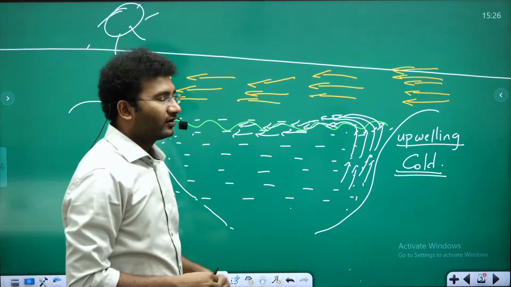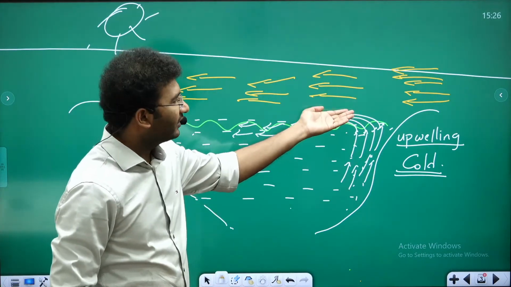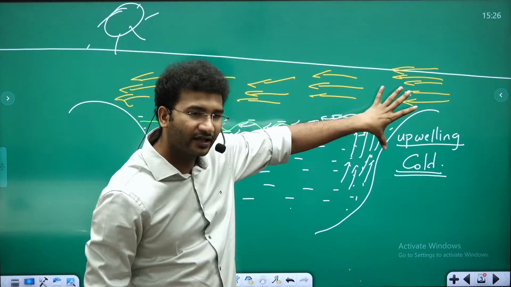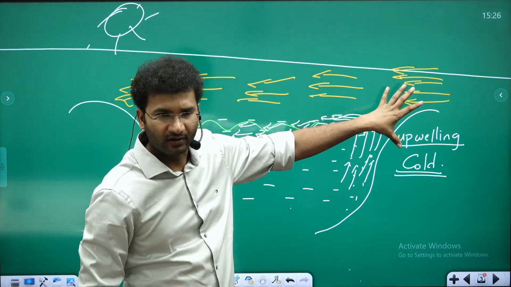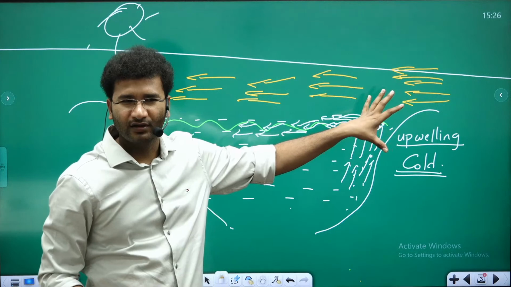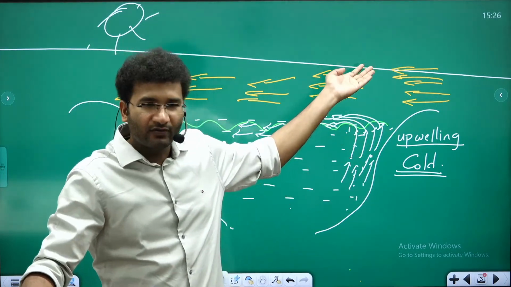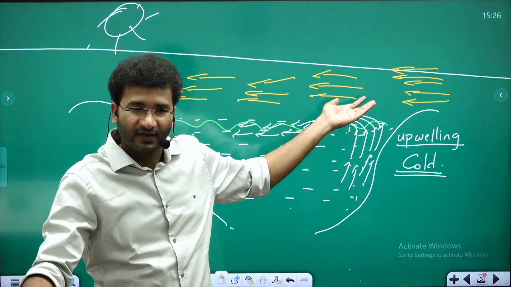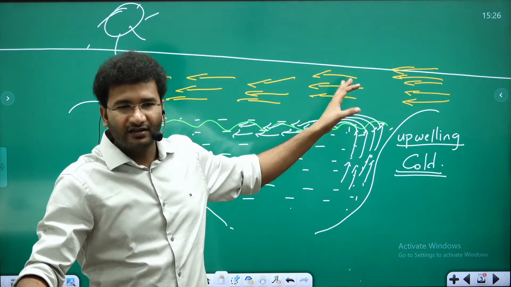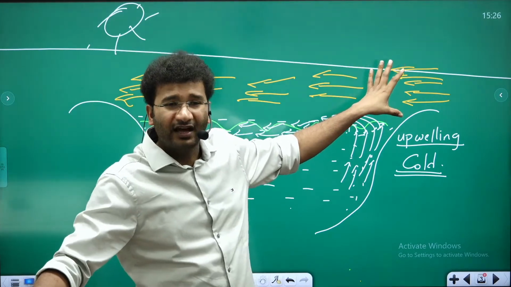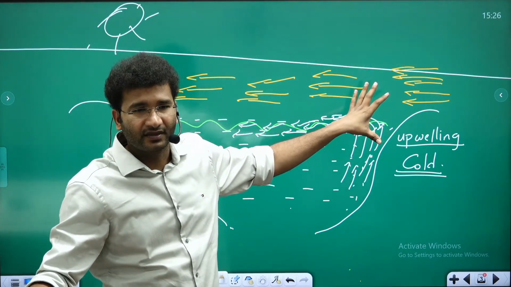And when these cold waters rise across this particular area, there won't be much rainfall. Why is there no rainfall? Because if cold water is present here, the air above will also turn cold, right? Continuously, this part of the region will have slightly high pressure conditions.